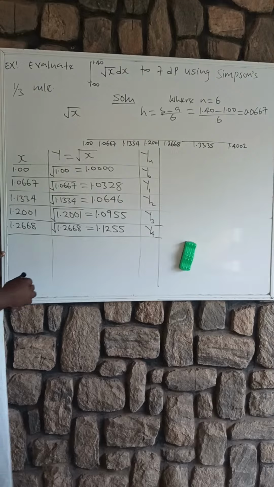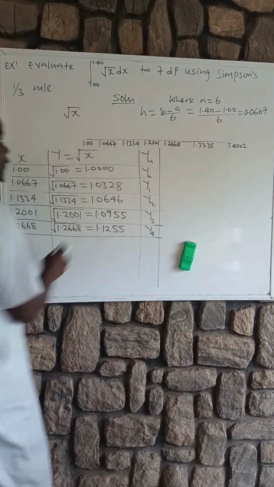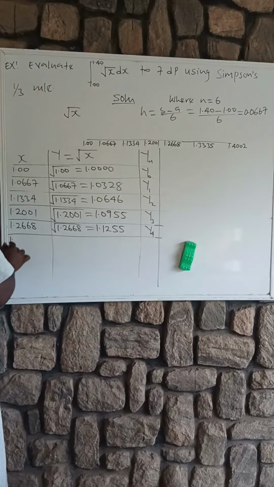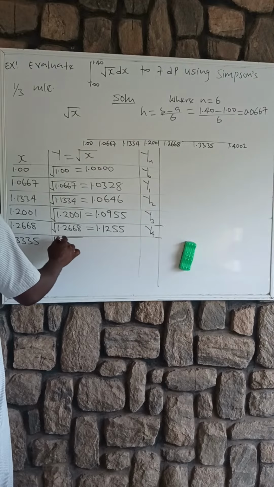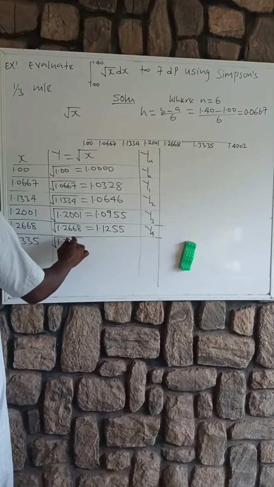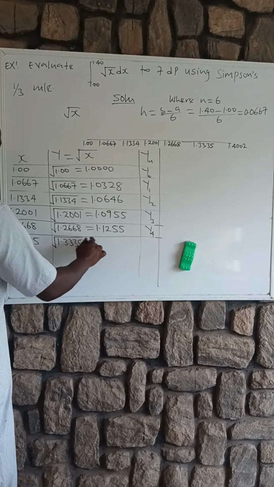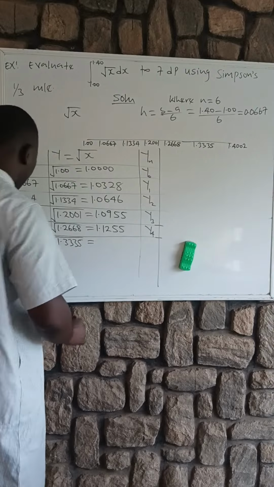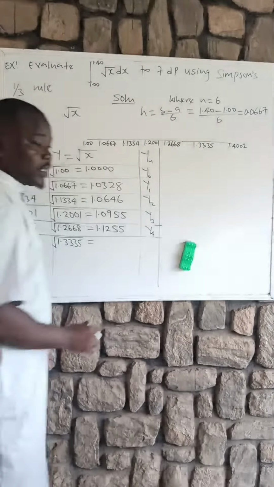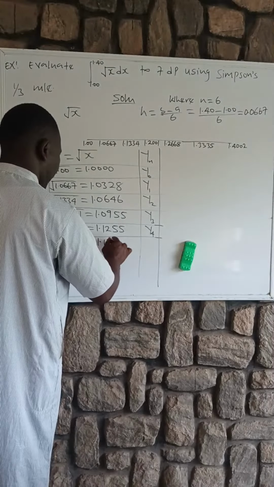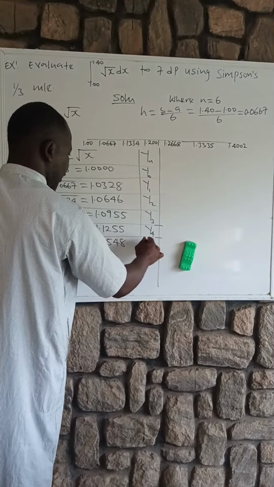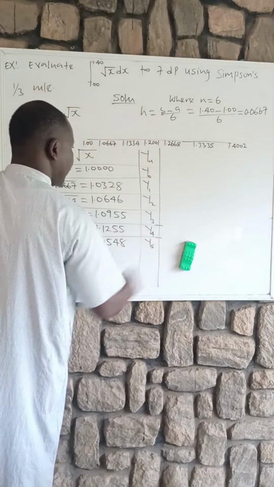Then let's consider this, 1.3335, then the square root of 1.3335 is equal to, if you press your calculator, 1.1548. This is y5.